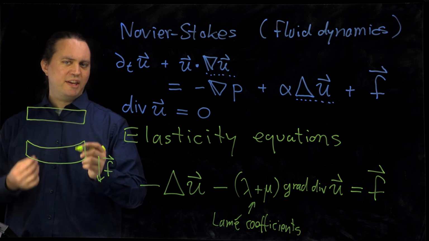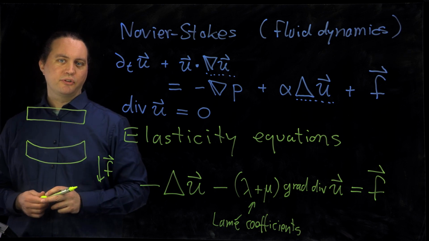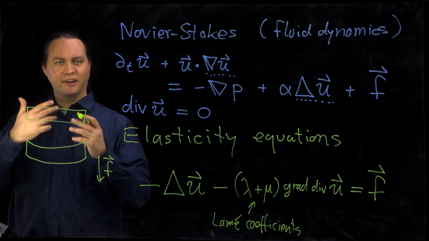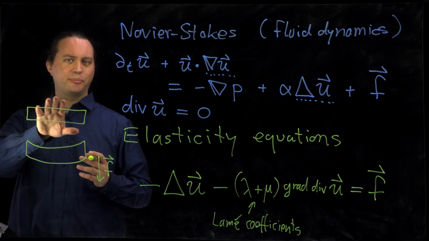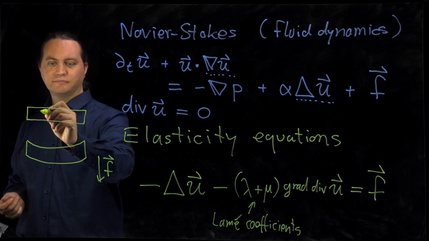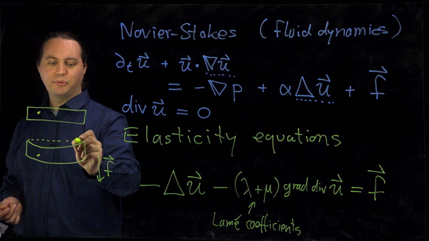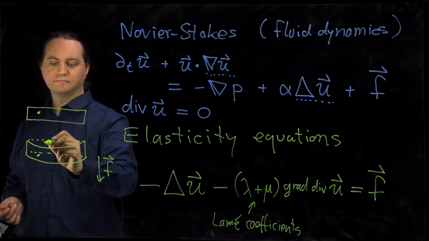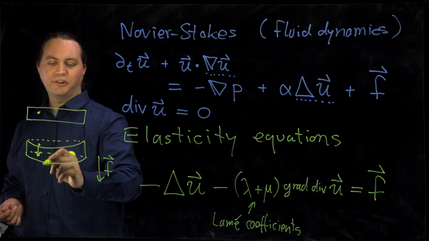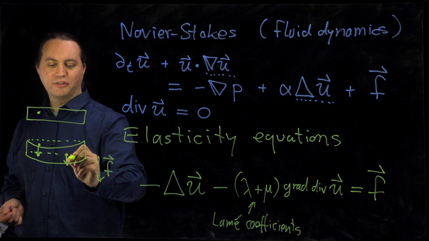And the deformation will describe how we move one point to the deformed position, so to speak. And the deformation vector field describes how this piece of material deforms when subject to the external force F. So if that is the rest position, I've got some point here, then the deformation vector field u at this point will point downwards. Similarly, for example, at this point, the deformation will get me to this point.